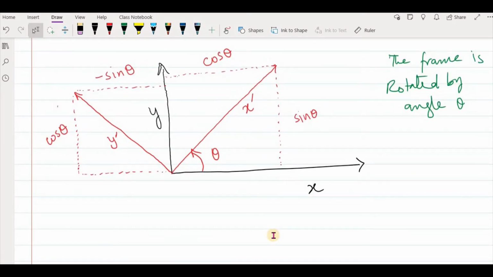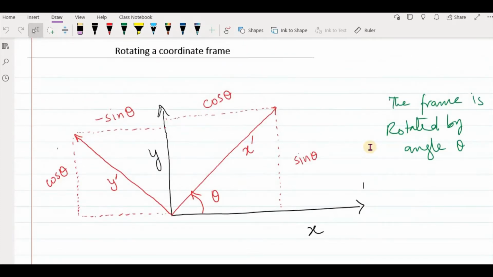One thing is that these x, y and x prime and y prime are the unit vectors along the x and y axes.